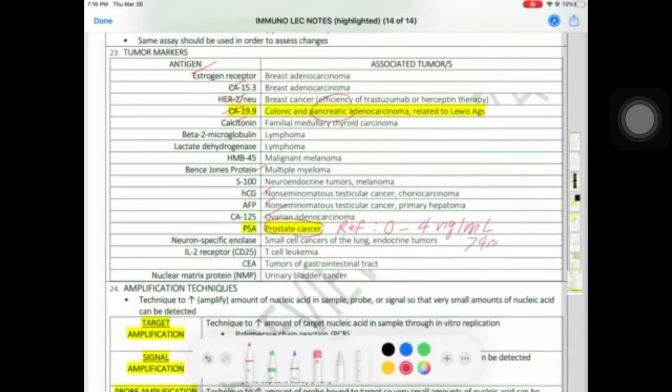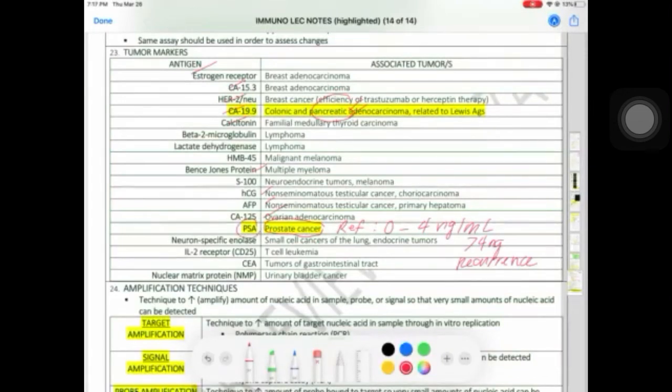So, after removal of the prostate, tapos ang value nito is over 4 nanograms. So that is an indication of a possible recurrence. Kung may papatandaan po ako, CA19.9 is a marker for pancreatic cancer, PSA is a marker for prostatic carcinoma.